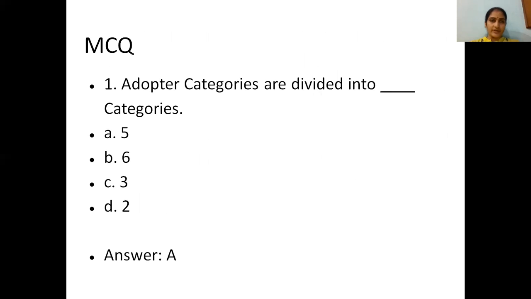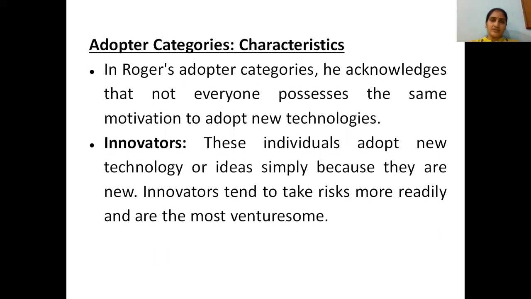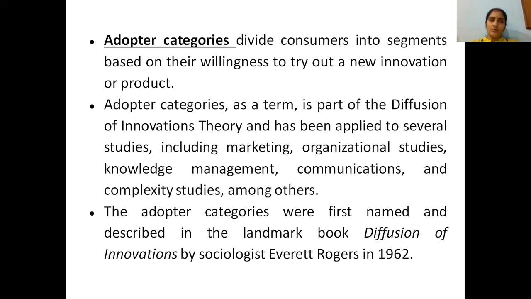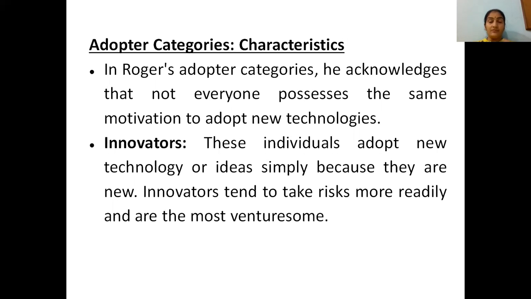Is that clear? Okay. So in today's session, we have seen what adopter categories are, who used this term first, and what the characteristics of these adopter categories are. In characteristics of adopter categories, we have seen five different categories in adopters.